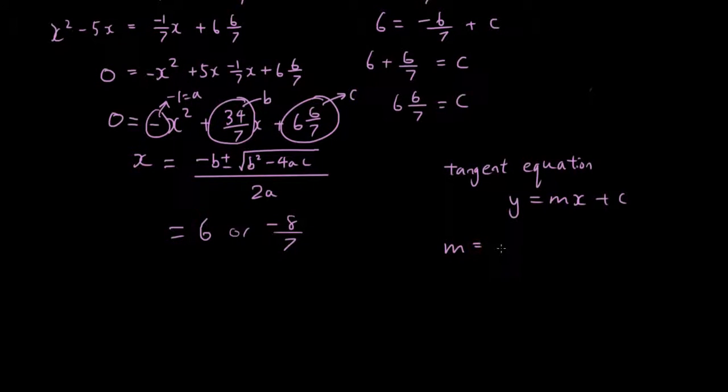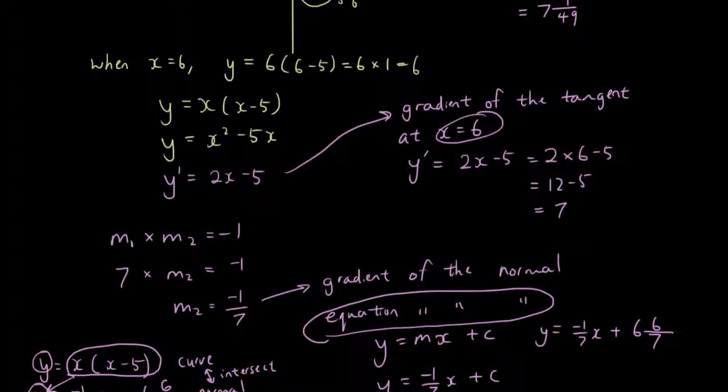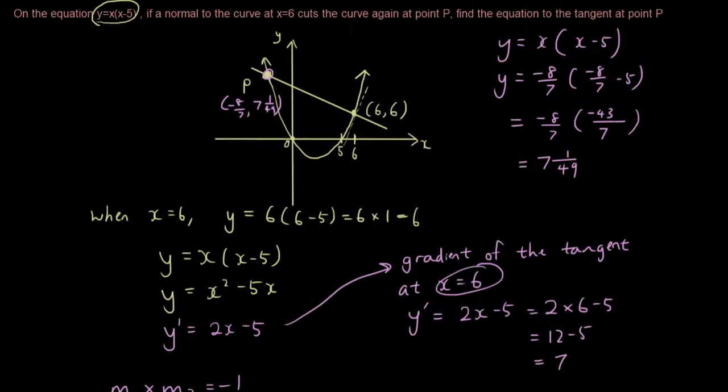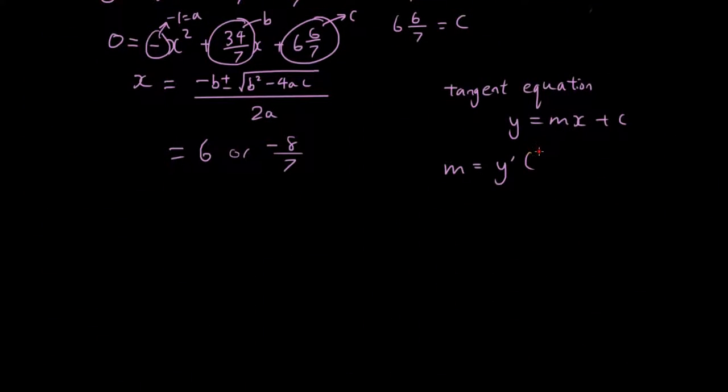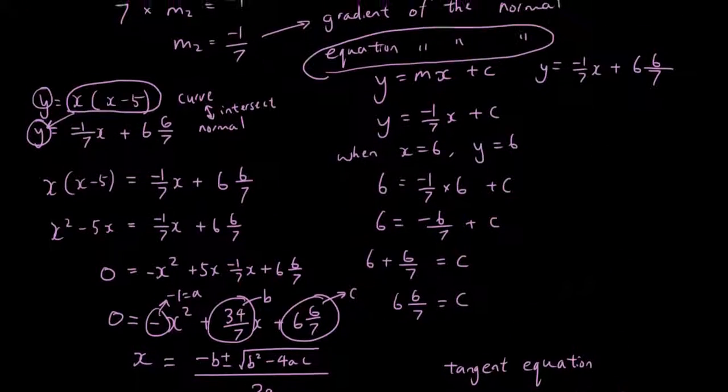M is equal to y dash at x equals negative 8 over 7, right? That's the x coordinate of that point. So y dash when negative 8 over 7 is the input. So the gradient equation is 2x minus 5.